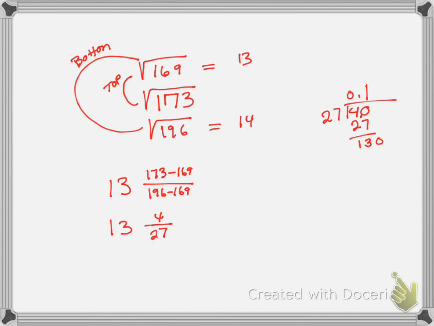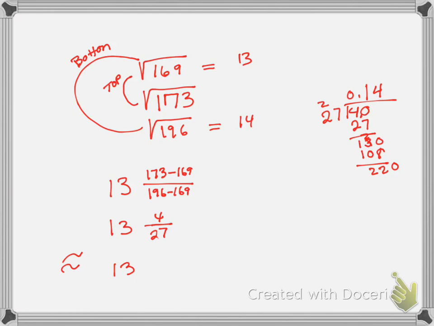Bring down a 0. 27 goes into 130 how many times? About 4 times. Let's try 4. 4 times 7 is 28. Carry the 2. That's 8, 9, 10. Can I fit another? Yep, that'll work. So 130 minus 108 is 22. Bring down another 0. Let's go one more time.